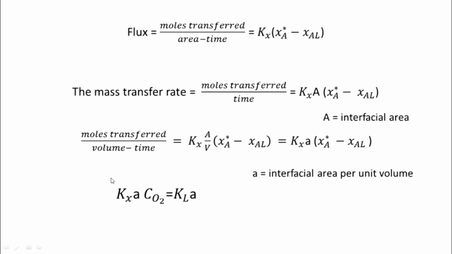So, the overall mass transfer coefficient, this is on a mole fraction basis. This, if we multiply by the total oxygen concentration in the medium, it becomes on a molar concentration basis. The mass transfer coefficient of oxygen on a molar concentration basis, and also on a volumetric basis, is KLa.